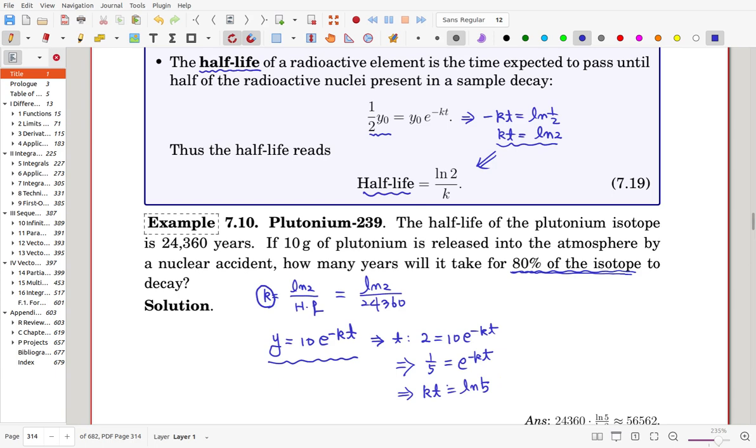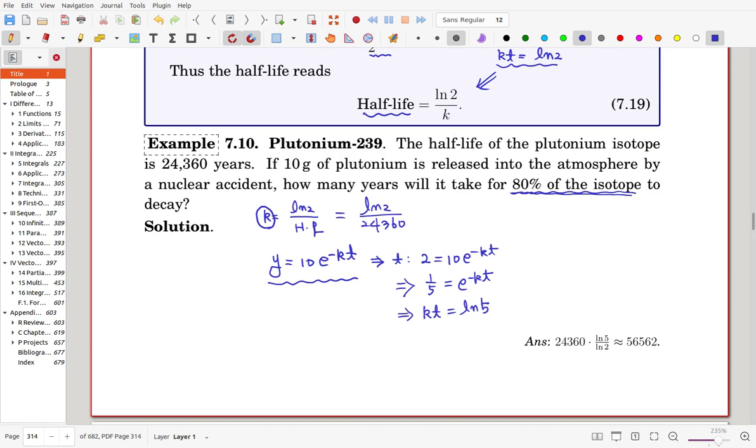And we have to find t. t is the unknown, so divide by k. So the time t equals 1 over k times the logarithm of 5.